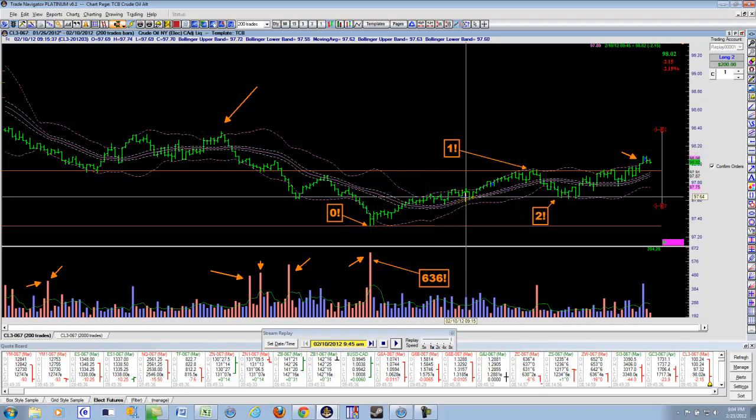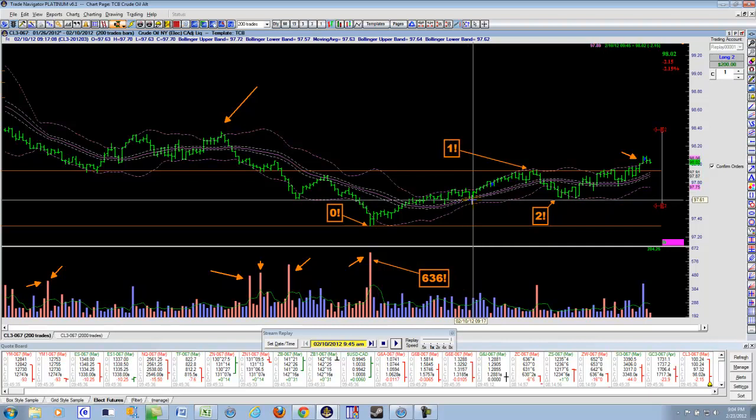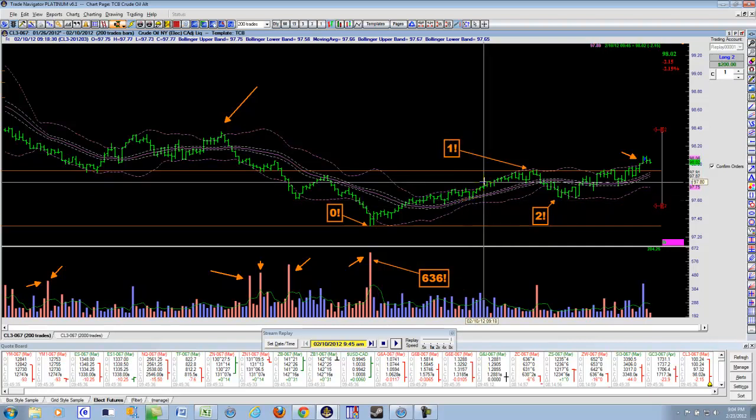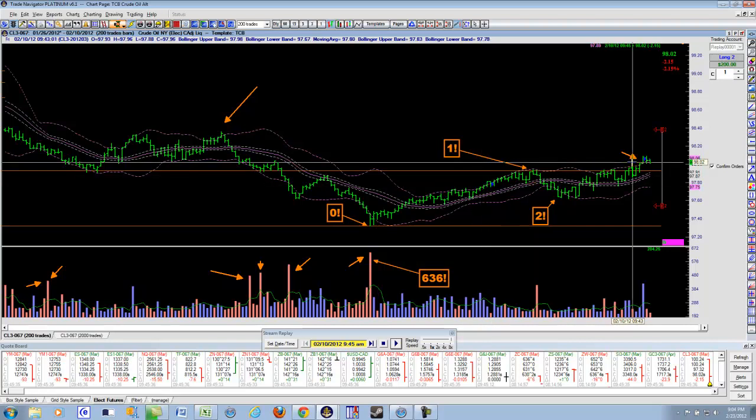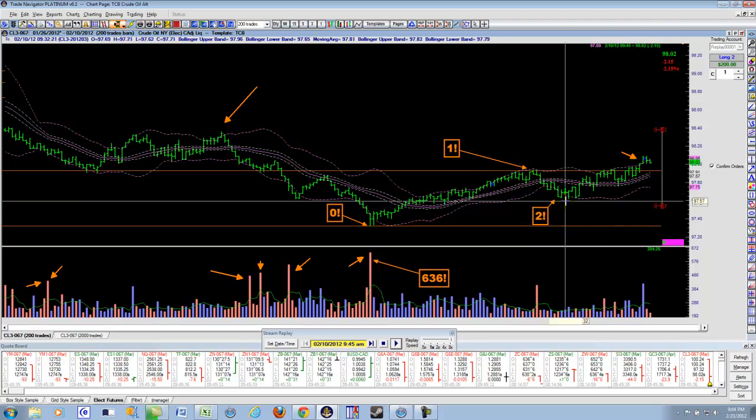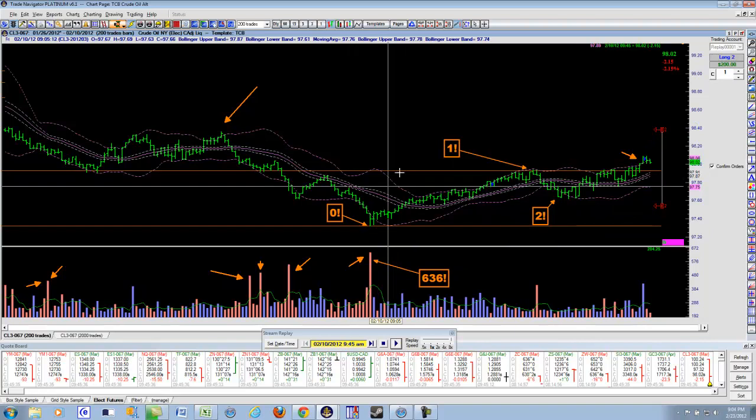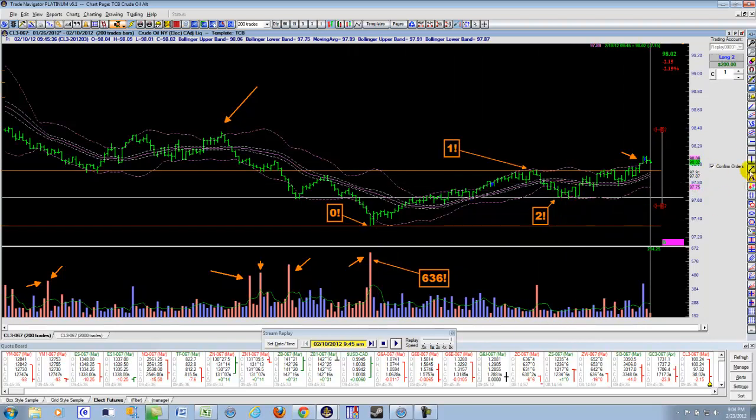Now, we had mentioned that this mark here, as it goes into the mean of the highway, could be a possible long signal. Let's say that you had 3 contracts, for instance, that you wanted to join into the party with. Well, maybe you're joining in with 1 or 2 at this point, and you're ending your buy sequence up here on this 1, 2, 3, or 0, 1, 2, and we're on the 2 going to 3 wave at this point.